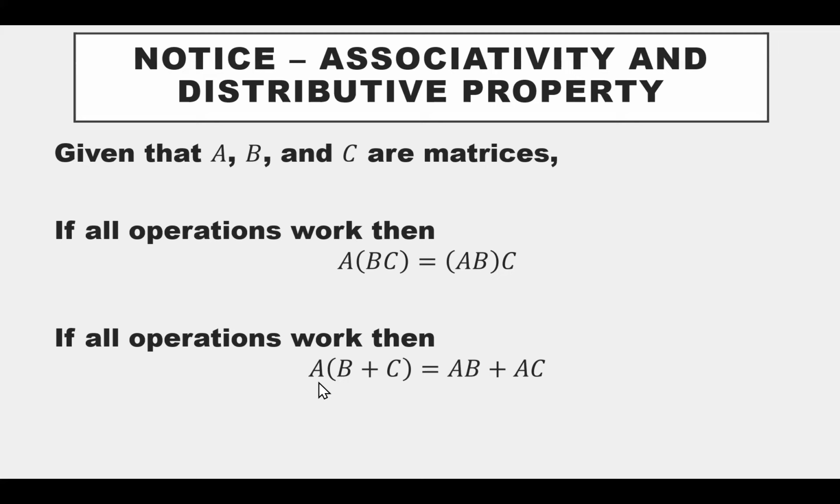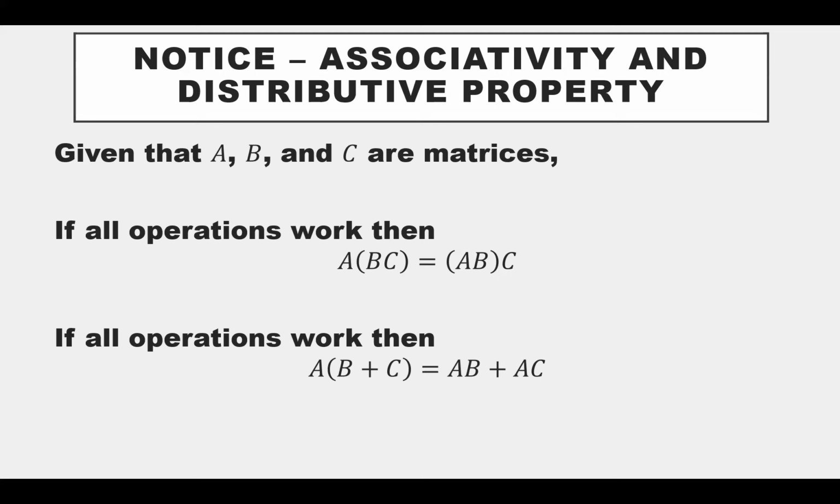You'll notice when I distribute, since this A started on the left-hand side, this A and this A both need to be on the left-hand side. Because if I flip the order, if I take C times A instead of A times C, then I'm not going to get the same matrix because of commutativity, or because of non-commutativity, I should say.